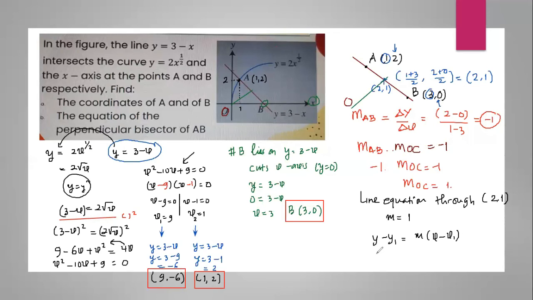So y minus 1 equals 1 times x minus 2. So you got y is x minus 1. So the line equation of the perpendicular bisector of AB is y equals x minus 1. Is it clear to you, Dita? Yes, sir.